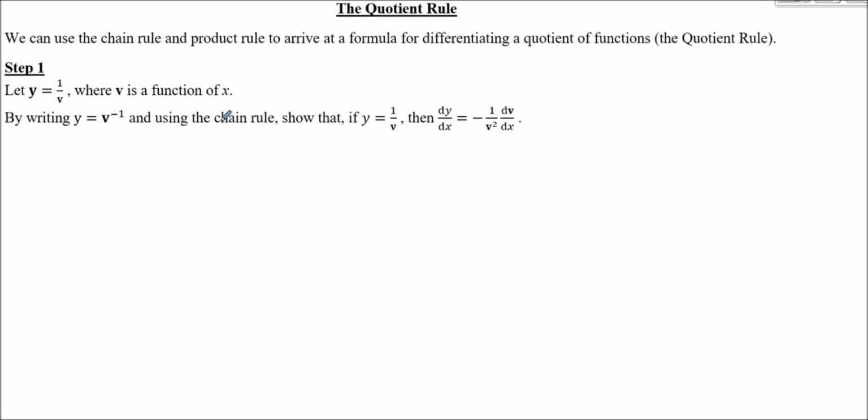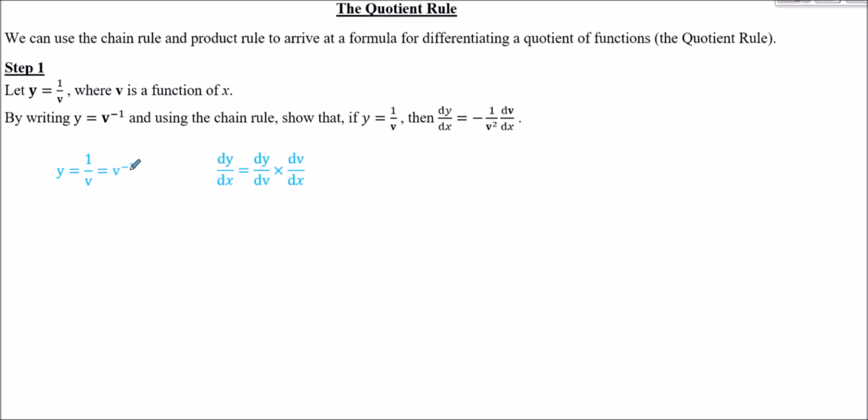So if we apply the chain rule to this, then obviously I've said that y can be written as v to the minus 1, and by the chain rule, dy by dx, normally we'd be saying dy by du times du by dx, but I'm calling this function here v, because it's 1 over v. So replacing the u with a v, dy by dx is dy by dv times dv by dx. Now differentiating y with respect to v, y is v to the minus 1.